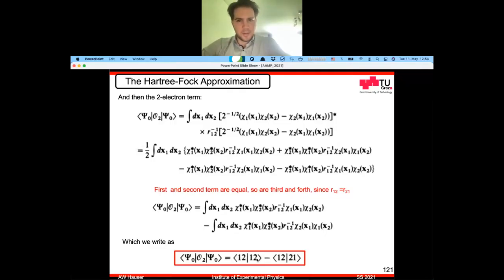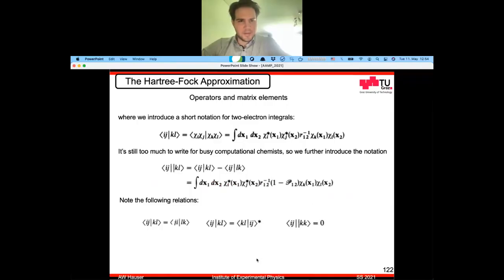I have summarized this convention, this nomenclature thing, here. So in general, if I have this type of integral where I have the first electron in some orbital i, the second electron in some orbital j from the left, and on the right-hand side, the first electron in some orbital k, and the second electron in some orbital l, I will simply write this as ij|kl.